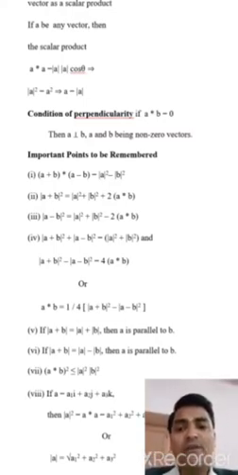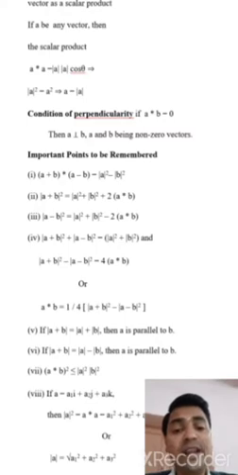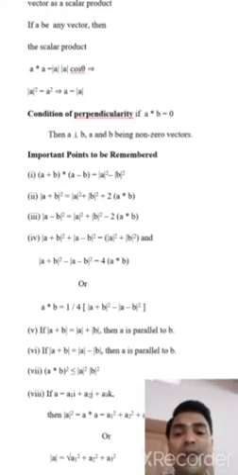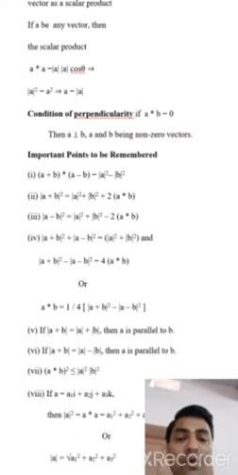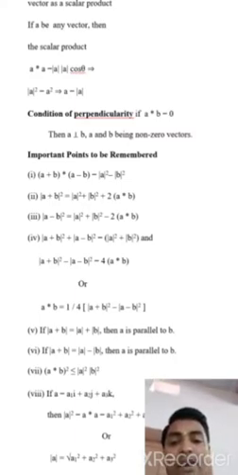Okay, fourth part: magnitude of (A plus B) whole squared plus magnitude of (A minus B) whole squared equals 2 times (magnitude of A squared plus magnitude of B squared), and magnitude of (A plus B) whole squared minus magnitude of (A minus B) whole squared equals 4 A·B, or A·B equals 1/4 of magnitude of (A plus B) whole squared minus magnitude of (A minus B) whole squared.